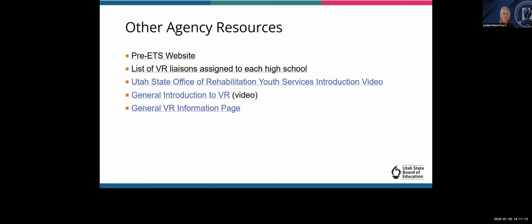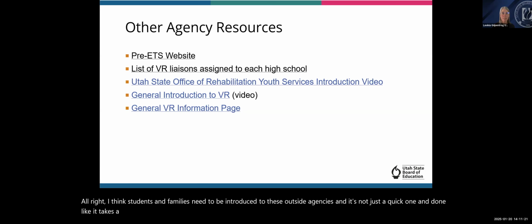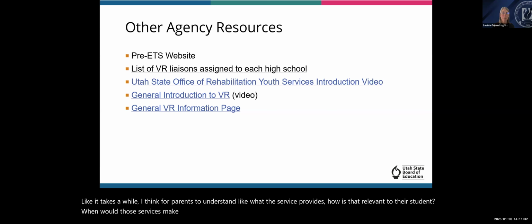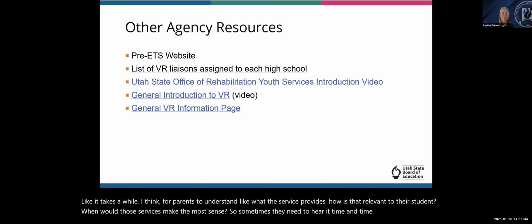I think students and families need to be introduced to these outside agencies, and it's not just a quick one and done. It takes a while for parents to understand what the service provides, how it is relevant to their student, and when those services make the most sense. So sometimes they need to hear it time and time again, and we have different ways of sharing that, right?